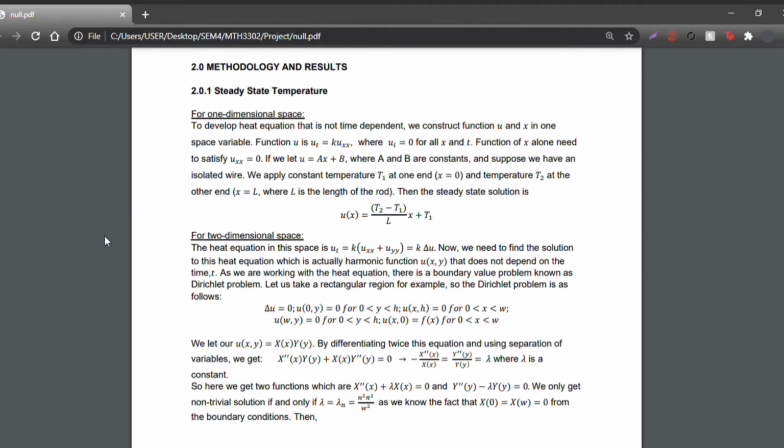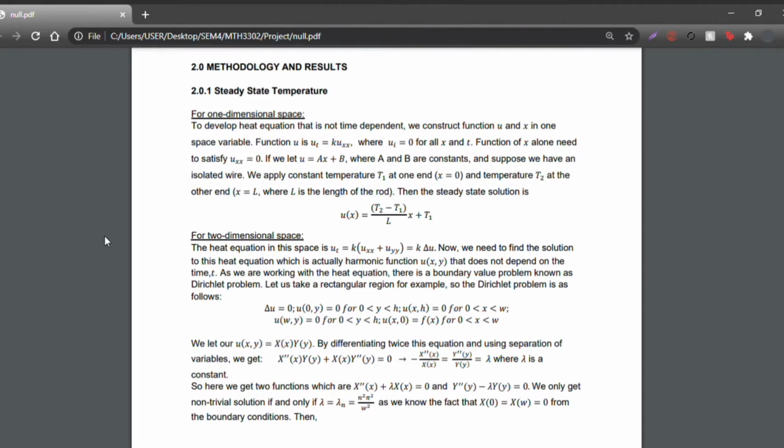If we let u equal to ax plus b, where a and b are constants, and suppose we have an isolated wire, we apply the constant temperature T1 at one end, where x is equal to 0, and another temperature T2 at the other end of the rod, where x is equal to L, which is the length of the rod.